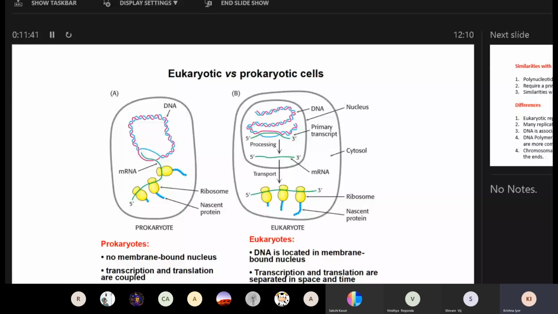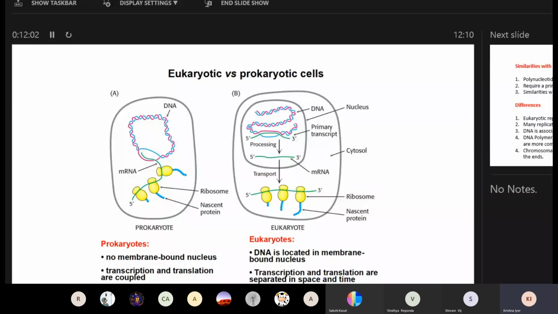But in eukaryotes, the first part, which is formation of RNA, occurs in the nucleus, and then this RNA is also processed. If you remember, you must have heard in 11th and 12th that introns are removed, a poly A tail is added, and a 5' cap is added.